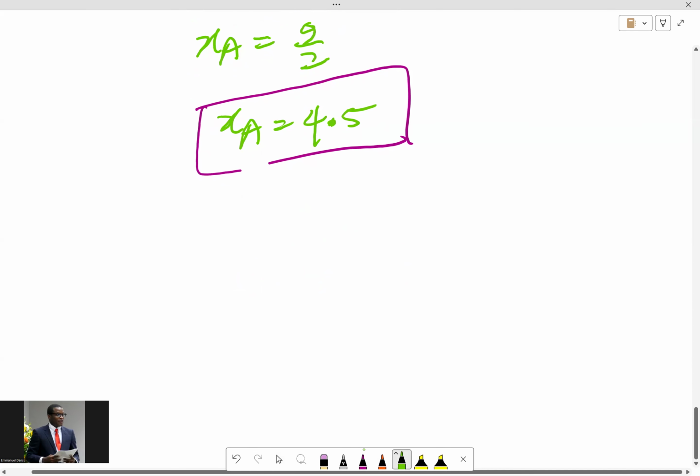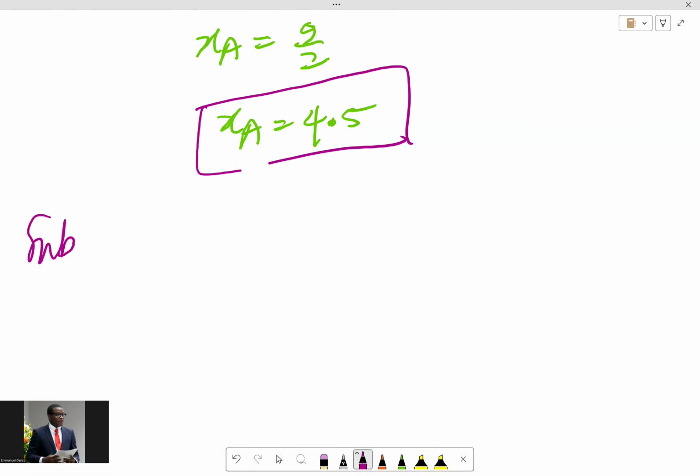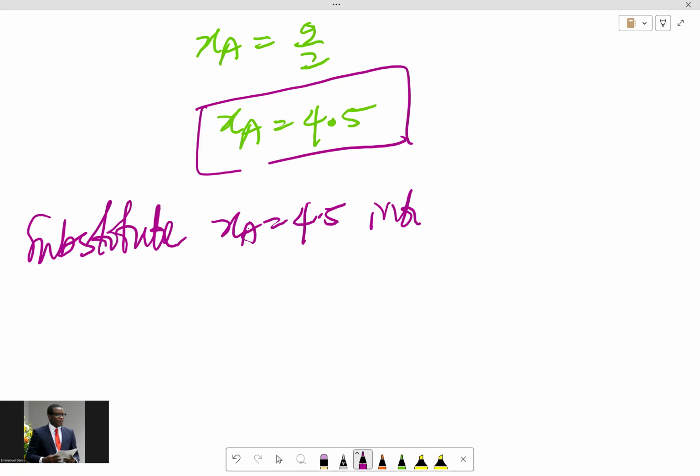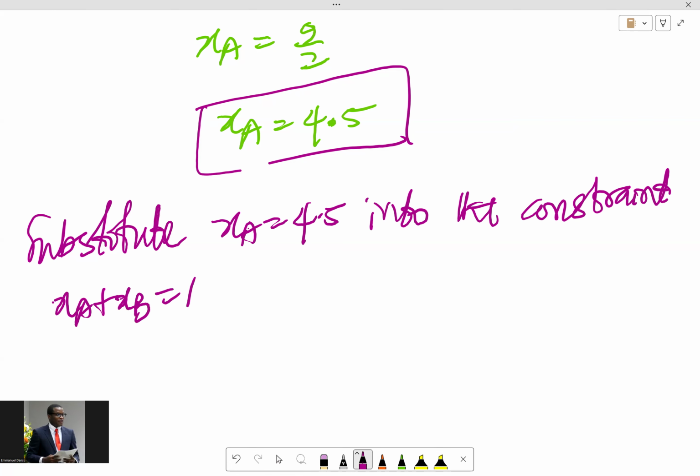So what we can do now is substitute XA equals 4.5 into the constraint, which is XA plus XB equals 10.